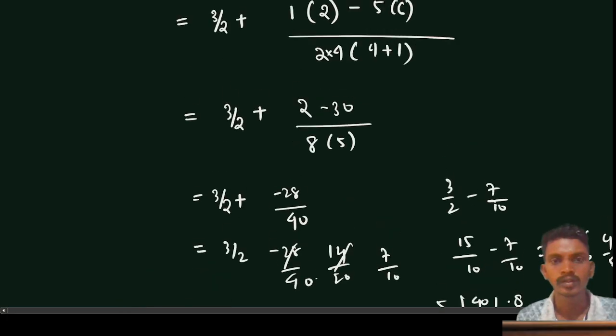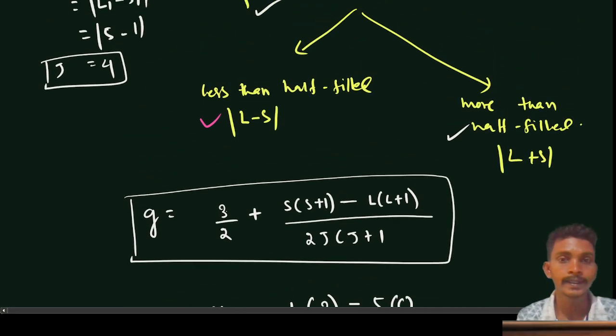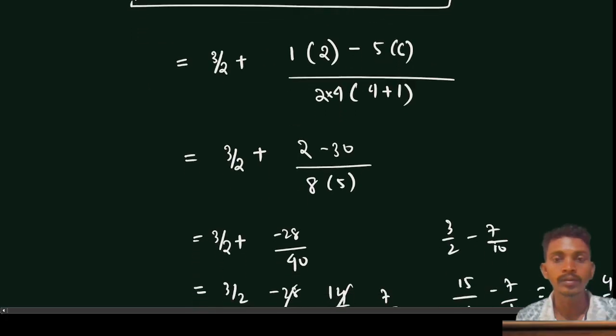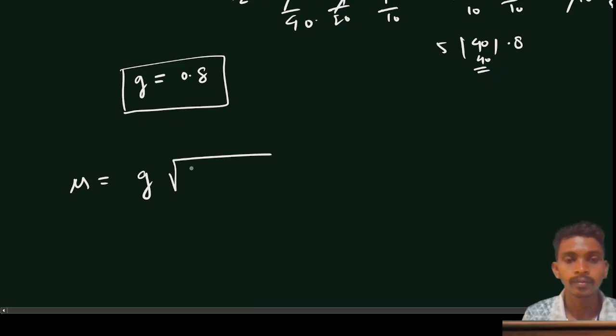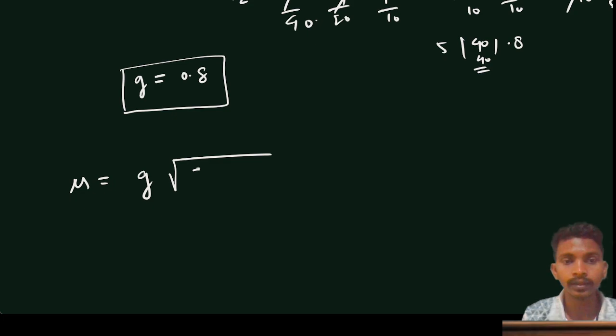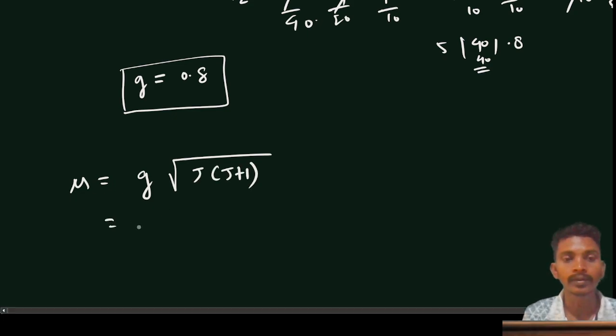Okay, so if g is 0.8, then we know that the magnetic moment is g root over J(J+1).